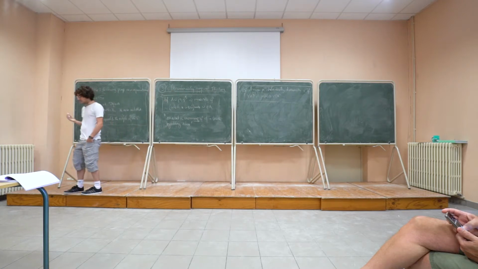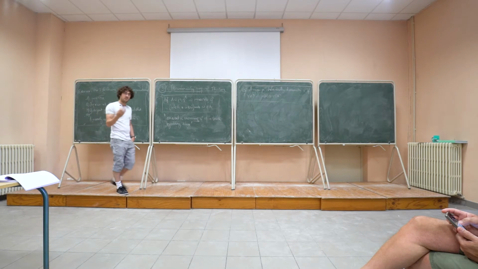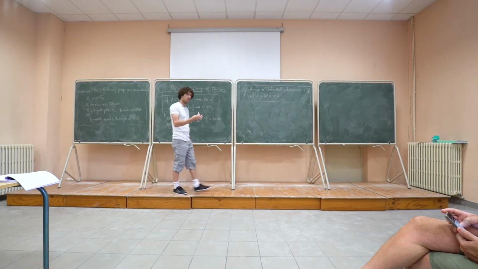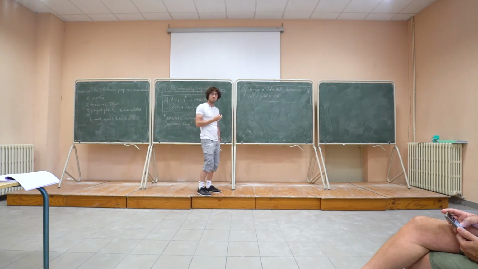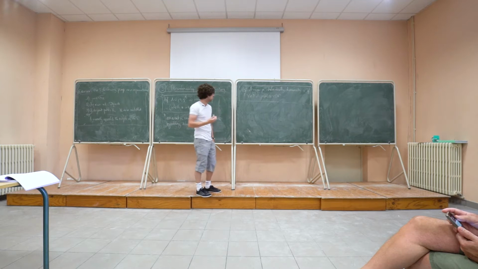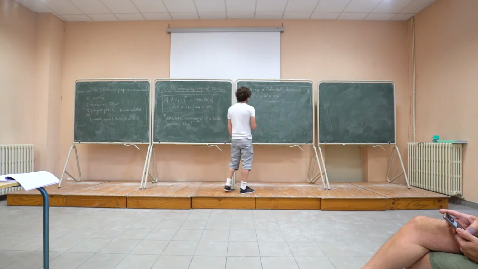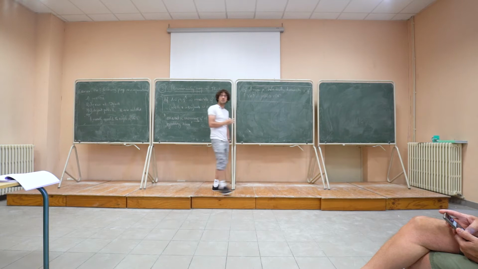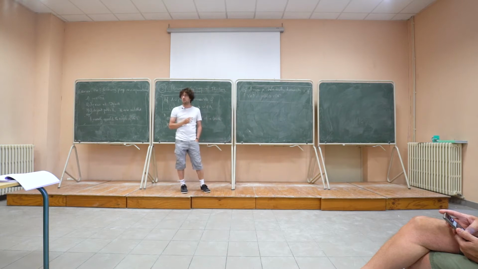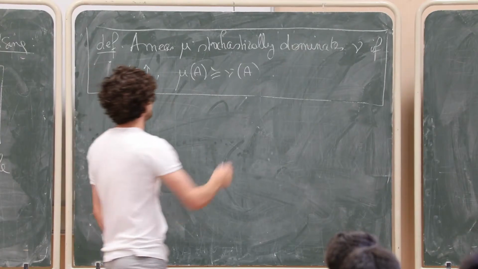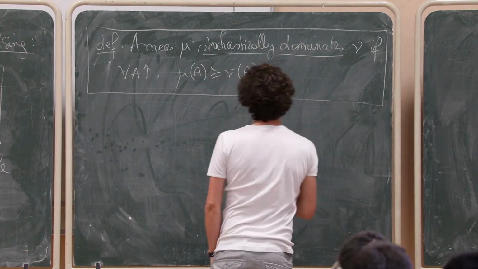Of course, you cannot ask that the probability of any event is larger or equal to the probability of the other one. Otherwise, the only possibility is that you have a very trivial measure for the first one. But you can ask this for every increasing event. And that's what we call stochastically dominating.